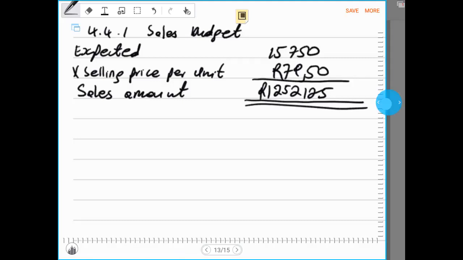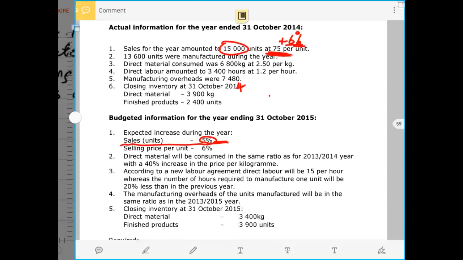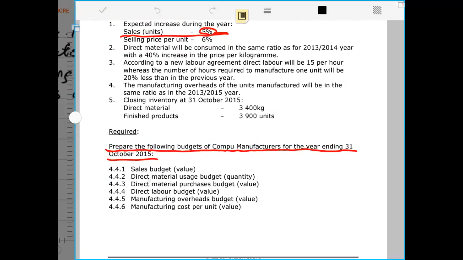Then now we go to the second requirement. The second requirement is to calculate the direct material usage budget, which is in quantity. That means we need to know the number of kgs that are needed to produce the required units.